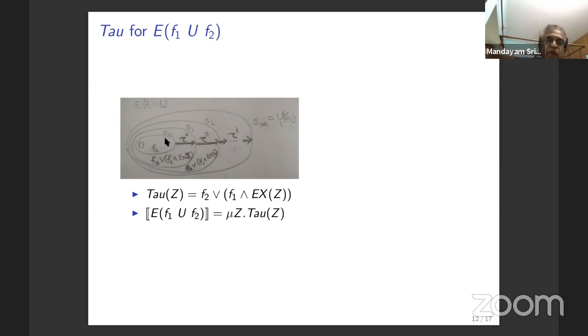You take the union when you compute, because the fixed point is the union of all these, of all these tau to the power of I. Okay, at each point, this is the formula that it is generating.